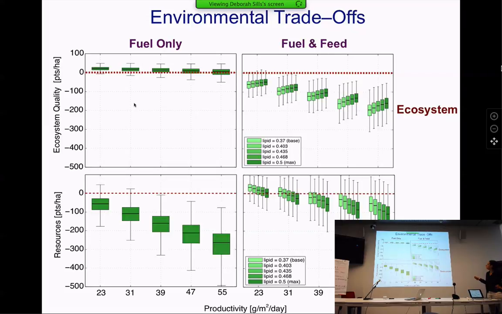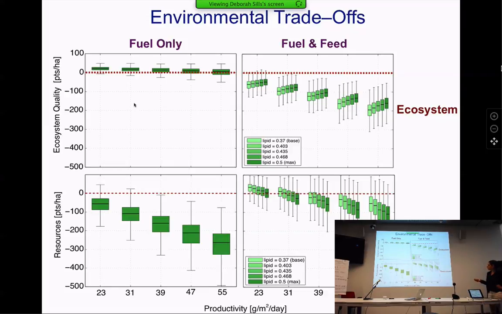And so we see for ecosystem, when we have fuel only, it doesn't do much. When we have fuel and feed, if you just look at each group of this data, with an improved growth rate we get some improvement, although it's pretty beneficial to start with.